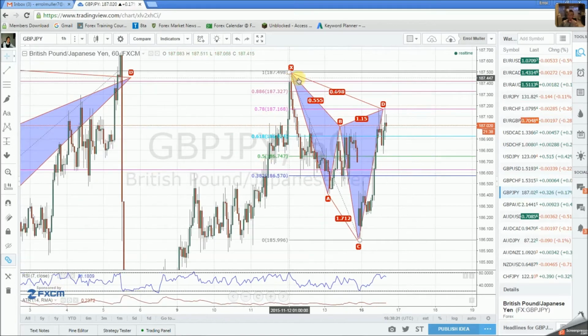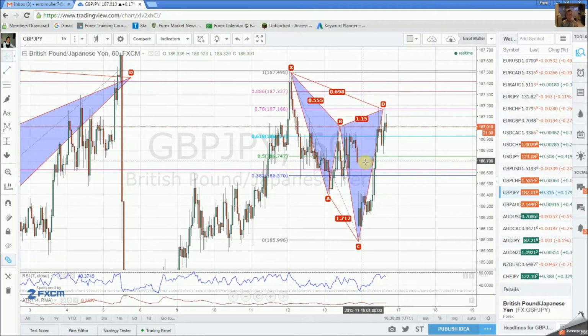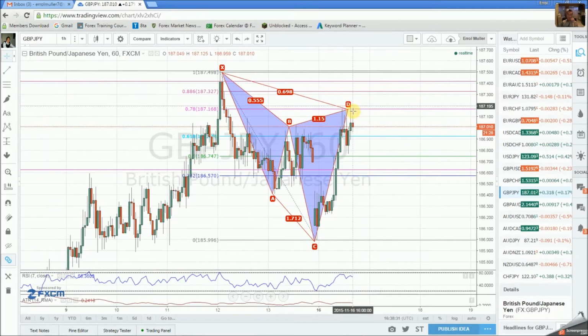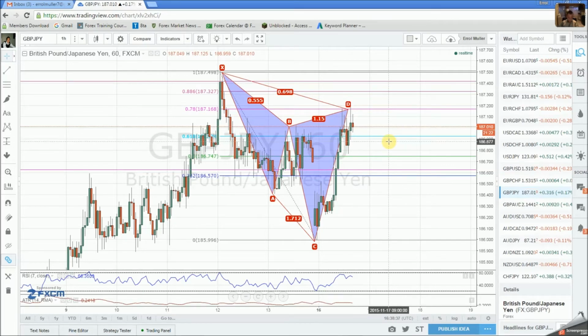I never managed to take this double top, sorry about this. I was a bit too late. I was very busy these couple of days, so I managed to get short at the Cypher pattern completion on the 1 hour time frame.